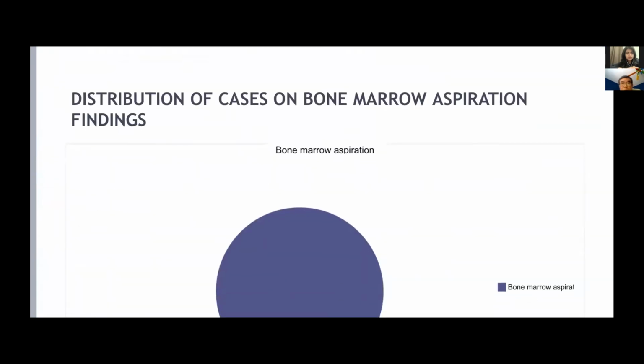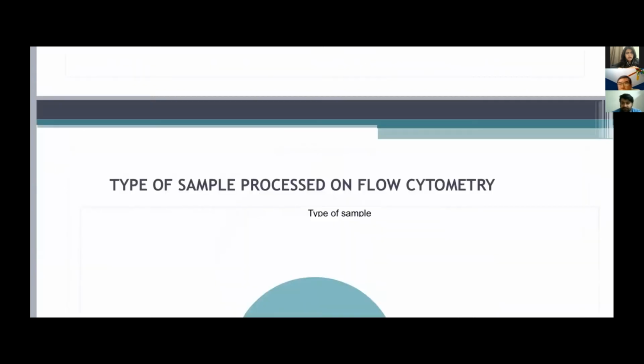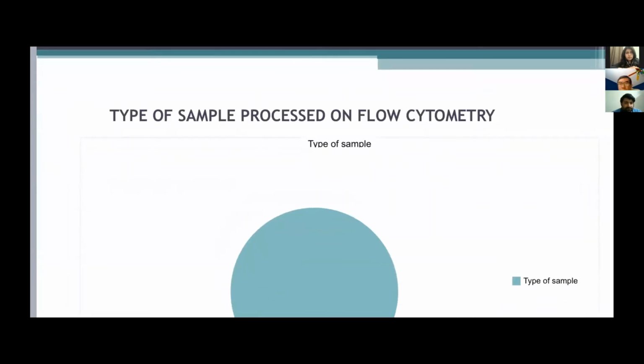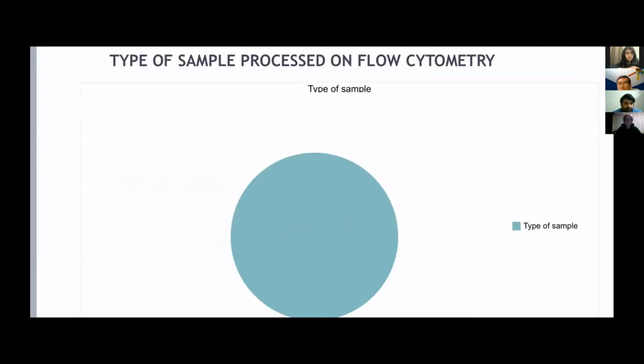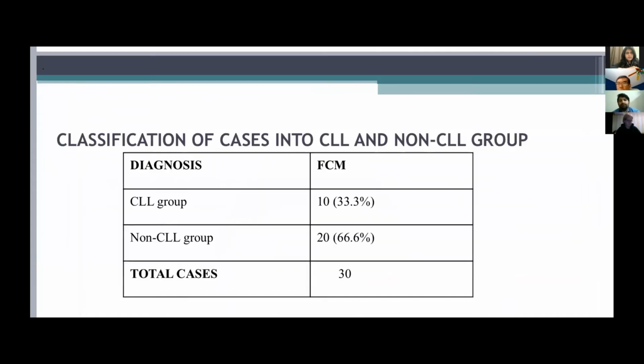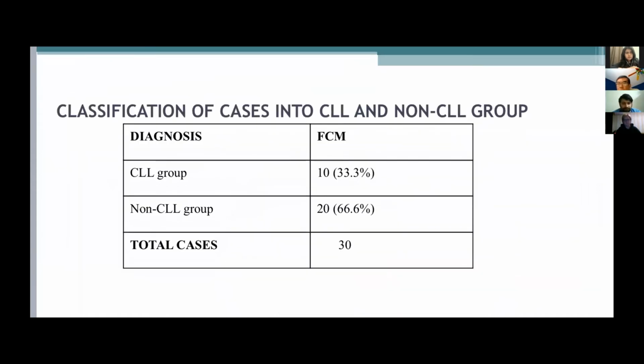All the cases presenting clinically with NHL symptoms and any finding on FNAC or lymph node biopsy were further proceeded for bone marrow aspiration examination, and all the bone marrow aspirates and peripheral blood of those patients were subjected to flow cytometry. After the flow cytometric examination, all the cases were divided into broader subgroups, CLL and non-CLL.